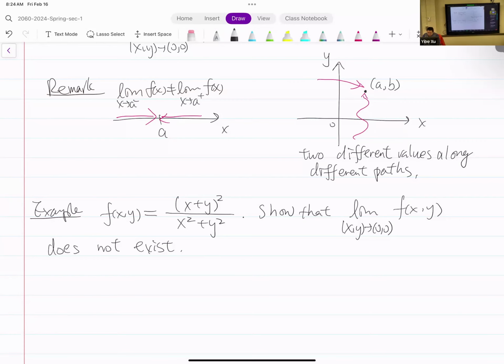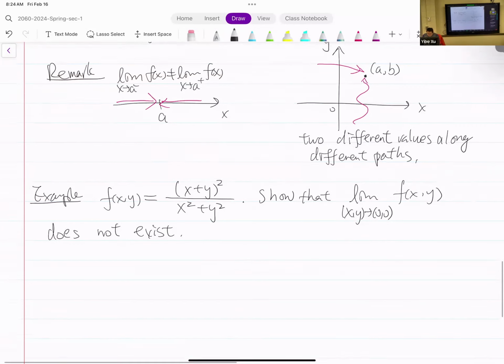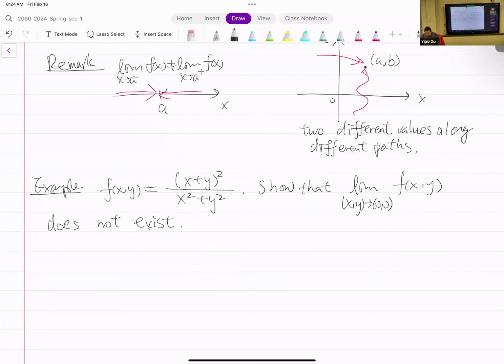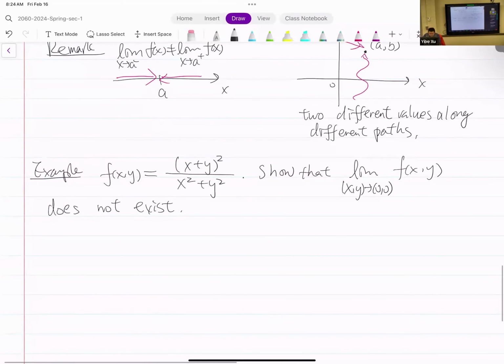If you pick a slant line, it's gonna give you something else. Okay, so well, if you are familiar with this kind of process, it's relatively straightforward. But let's just put the things down, so that we know what we have to do when we see this kind of problem. So still along the x direction, x-axis, then we fix y to be 0.